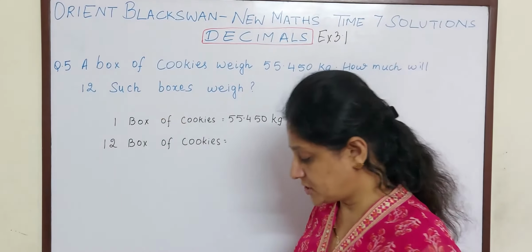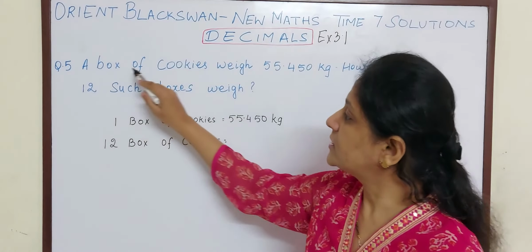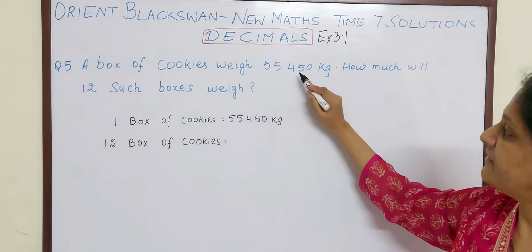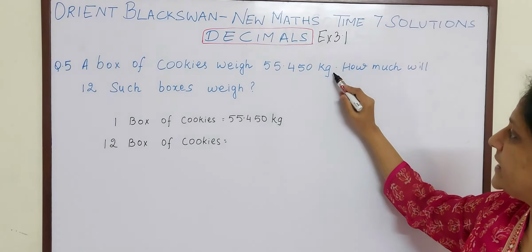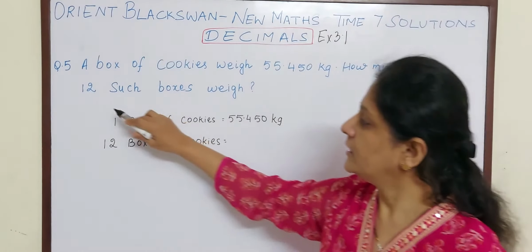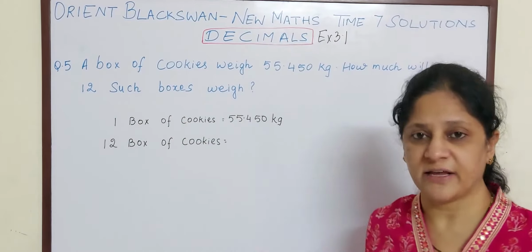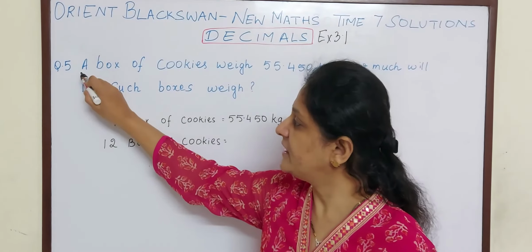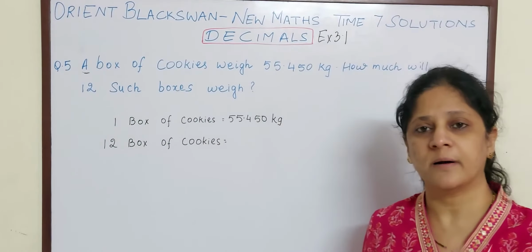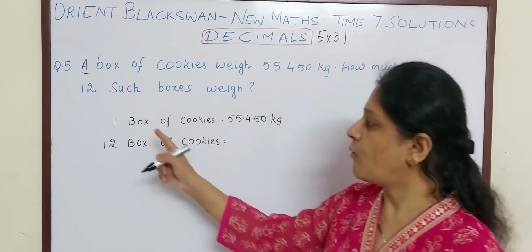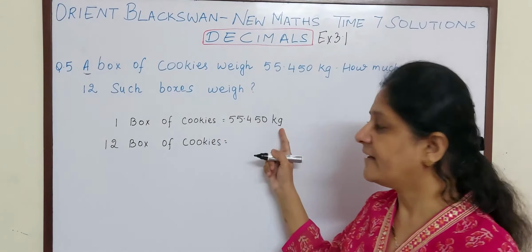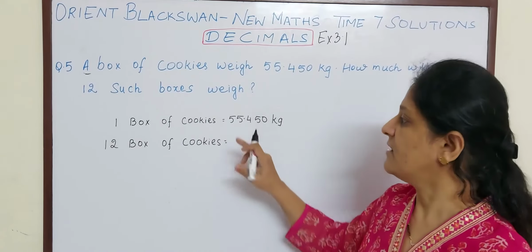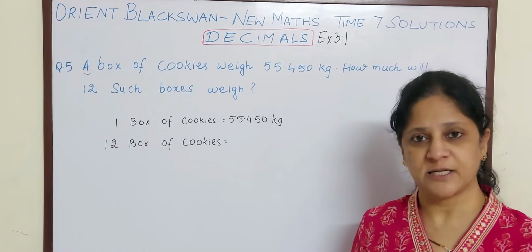Now our next question is children, a box of cookies weighs 55.450 kg. How much will 12 such boxes weigh? That means they have given information of a box. A box means one box. So one box of cookies, the weight of that box is 55.450 kg.